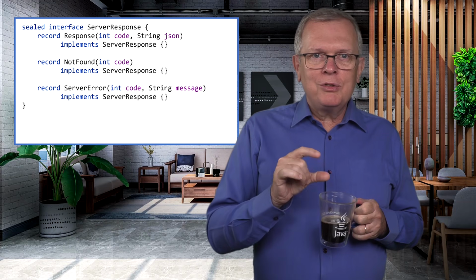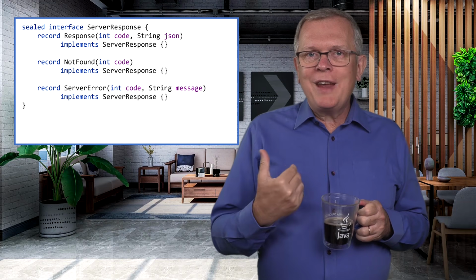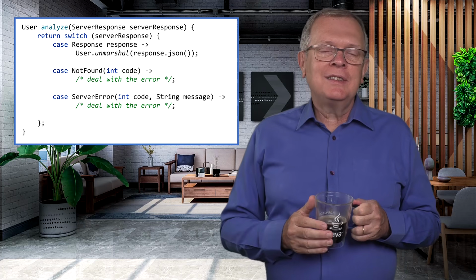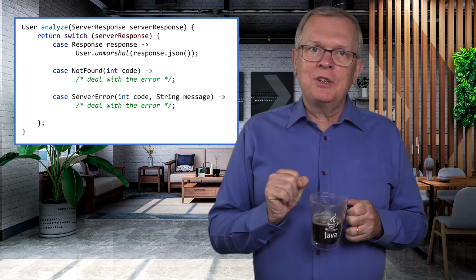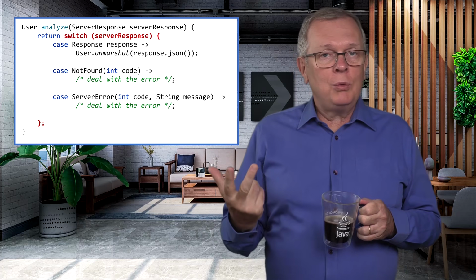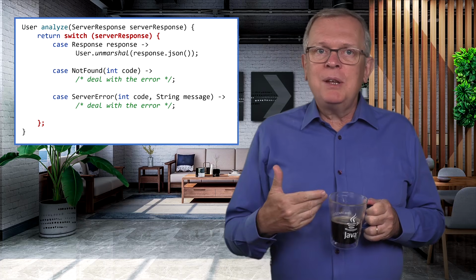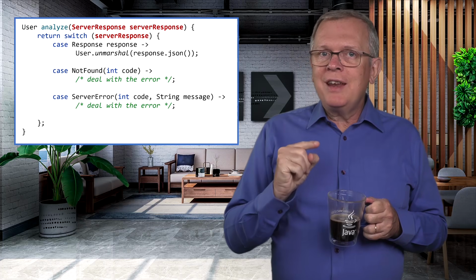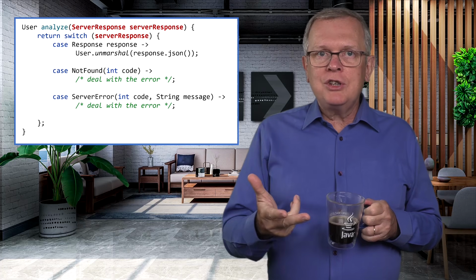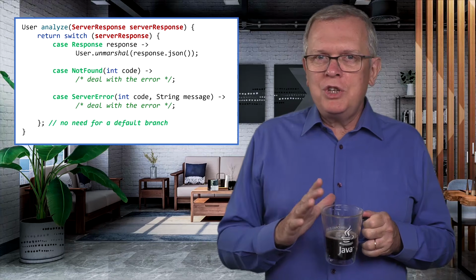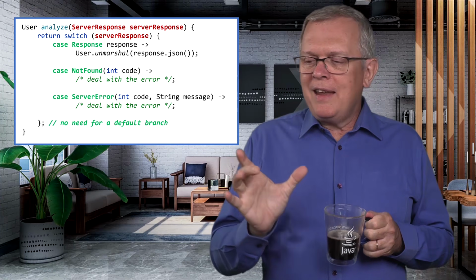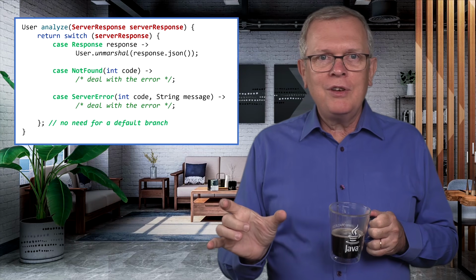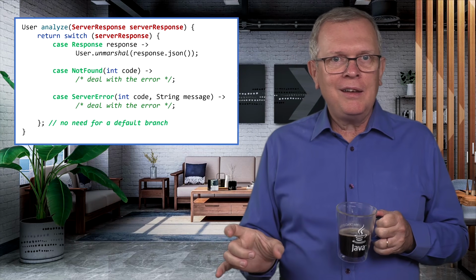Now that you modeled your server response with this sealed type, you can analyze it with a switch expression using this pattern. Here you have a switch expression. It could also be a switch statement, by the way, and because you are switching on a sealed type, the compiler can check if you forgot a branch in your switch or not, which is much safer than discovering it at runtime.